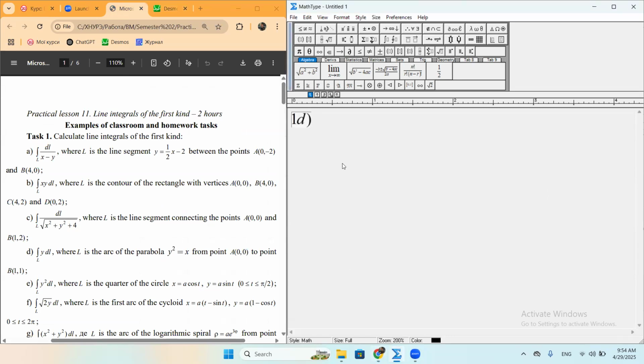We have the following integral. Now the line is more interesting. By the way, a rectangle is interesting as well, but now we have the arc of a parabola. So the integral of y dl, and L is the arc of the parabola y squared equals x, from point 0, 0 to point 1, 1.